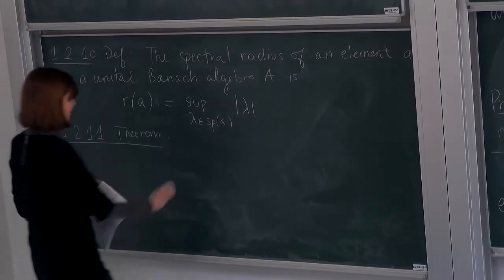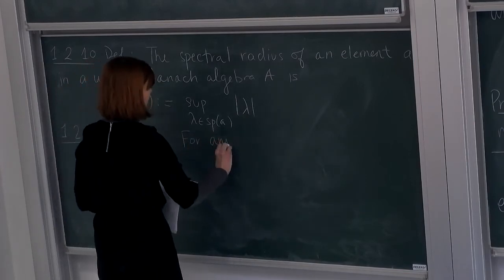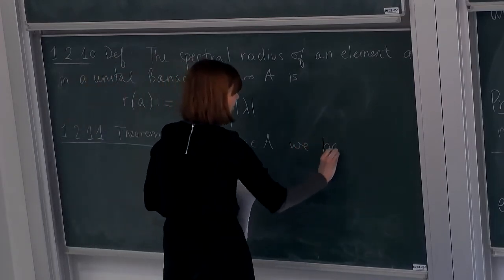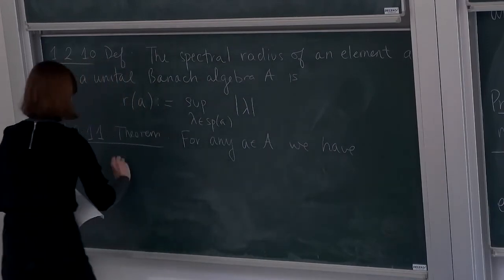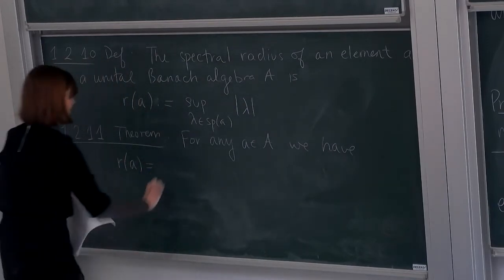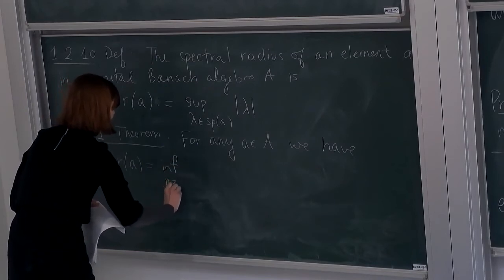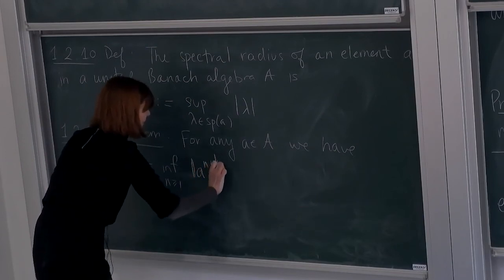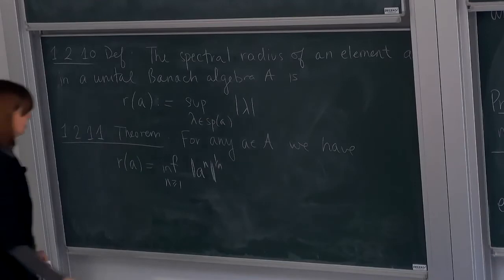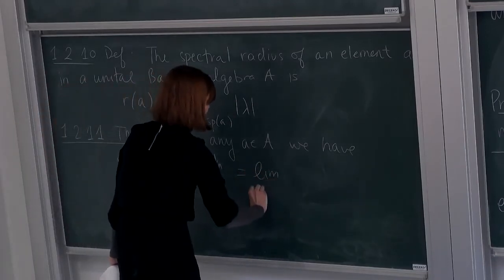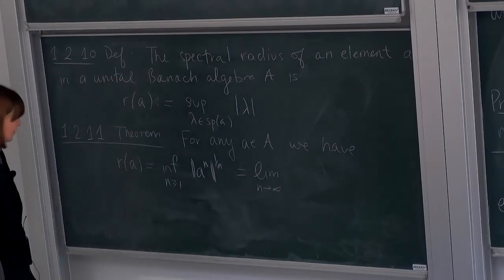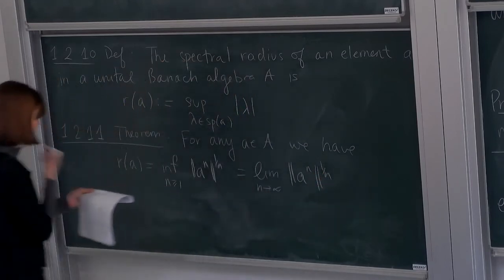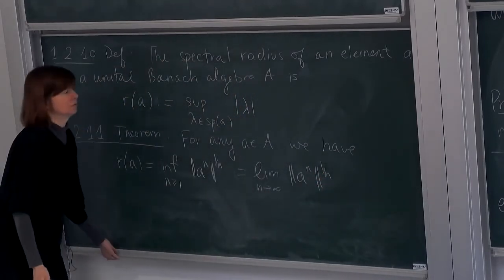But for now, what we can say is that for any A in our algebra, the spectral radius is equal to the infimum over all n greater than or equal to 1 of the norm of A to the n to the 1 over n, or you can also think of it as the limit as n goes to infinity of that quantity.